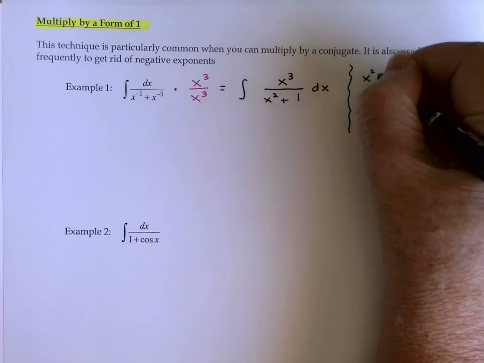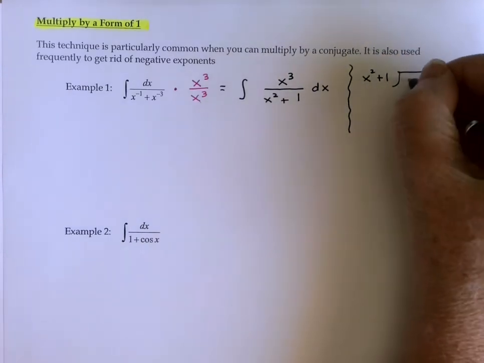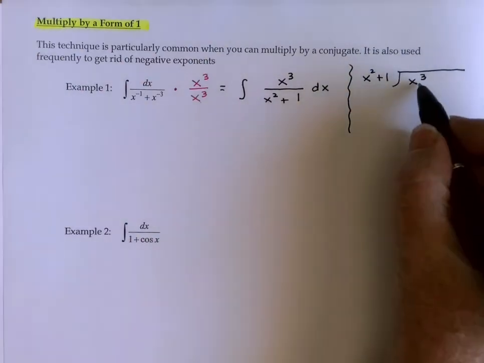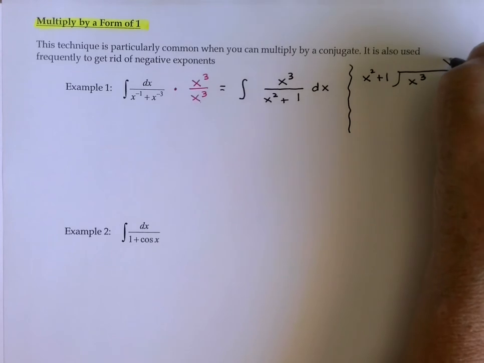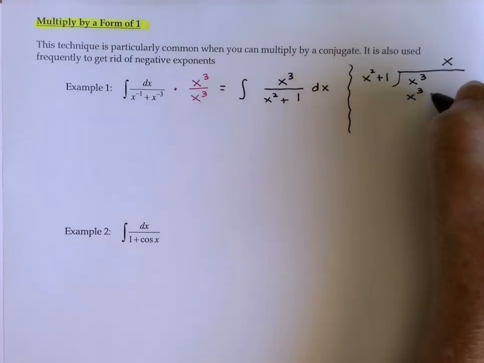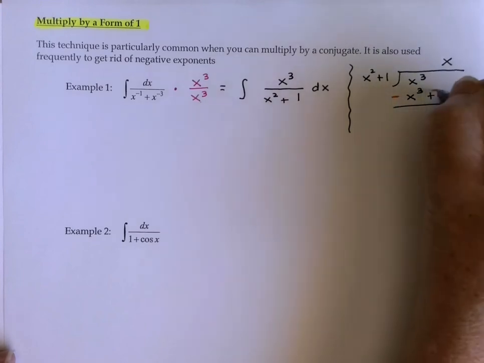If I take x squared plus 1 and divide it into x cubed, x cubed divided by x squared is x. That's going to make that x cubed plus x to the first. I need to subtract. Those will cancel out, and I'll get a remainder of minus x.